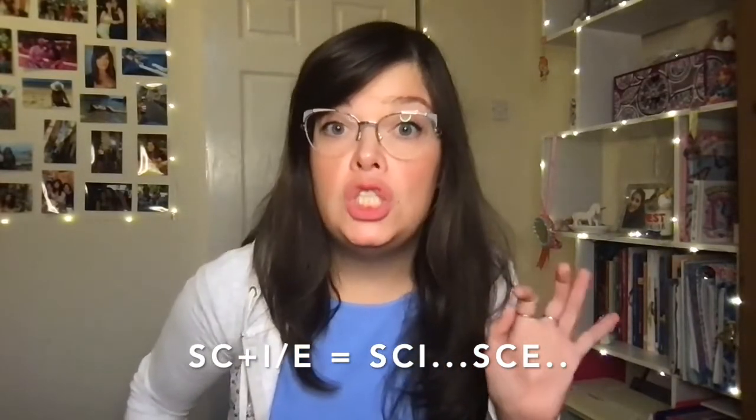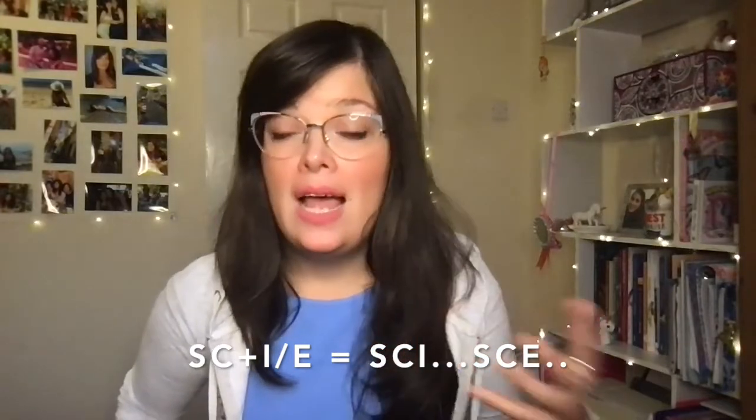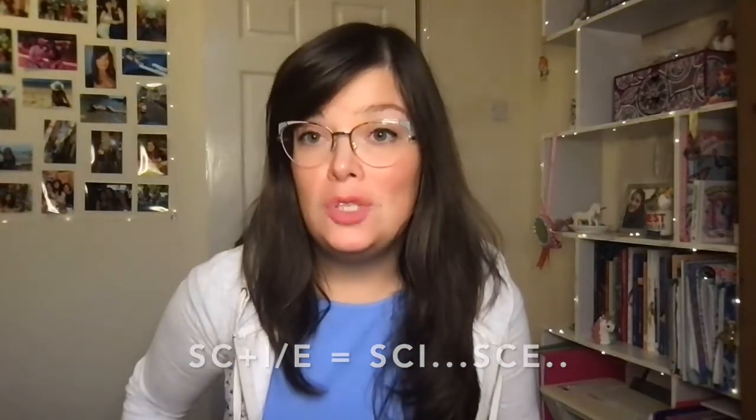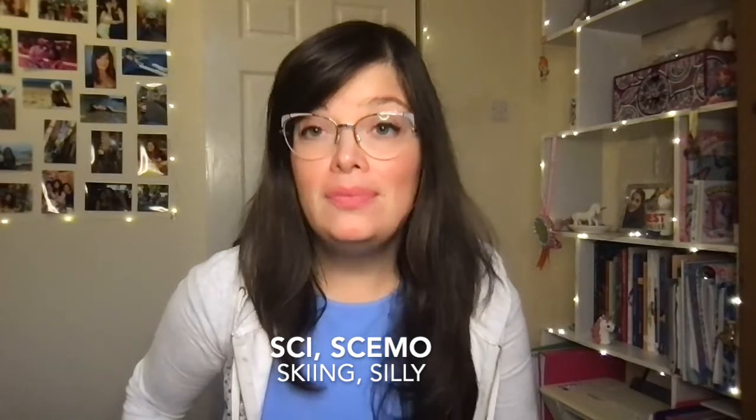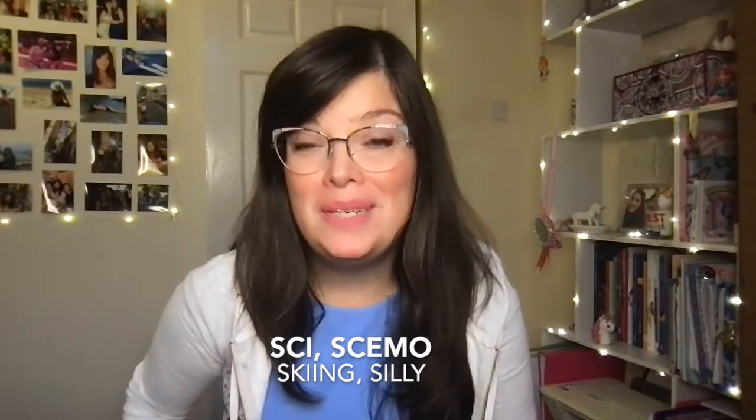It's the sound shi and she in words like sci, which means skiing, and scemo, which means silly or stupid in Italian. So as you can see, the sound with SCA, SCO, and SCU, ska, sko, sku, is a harder sound, whereas SCI and SCE have more of a softer sound, shi and she.